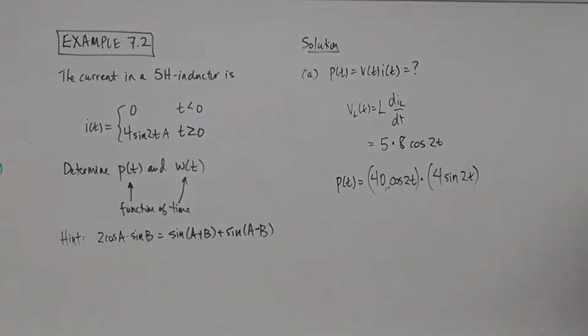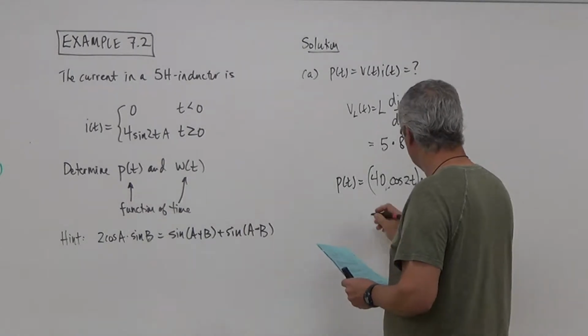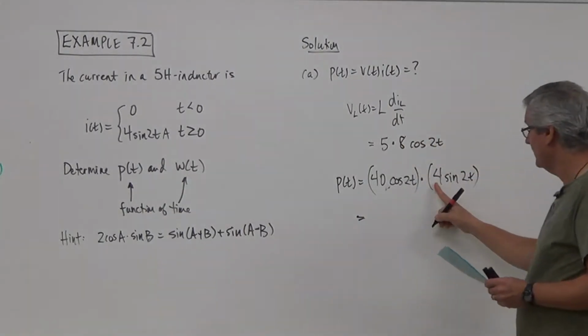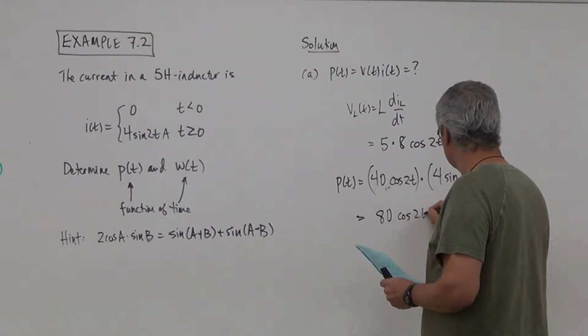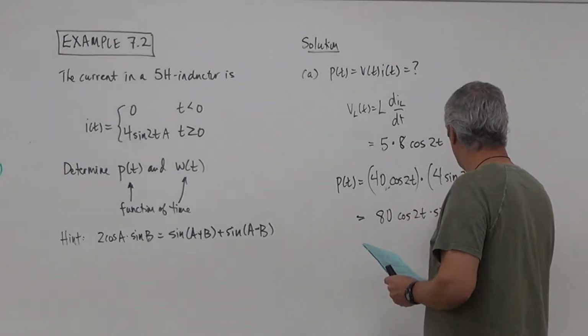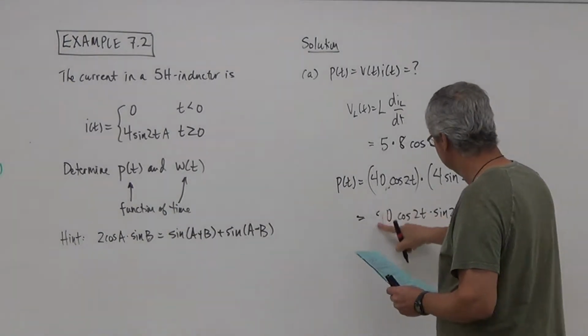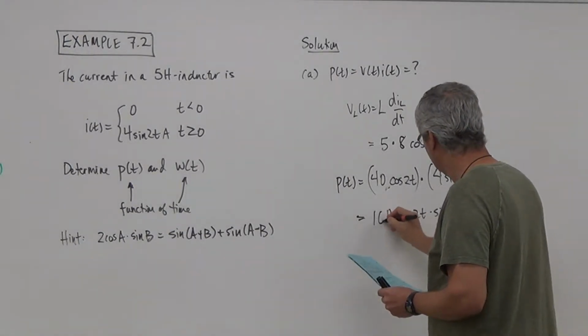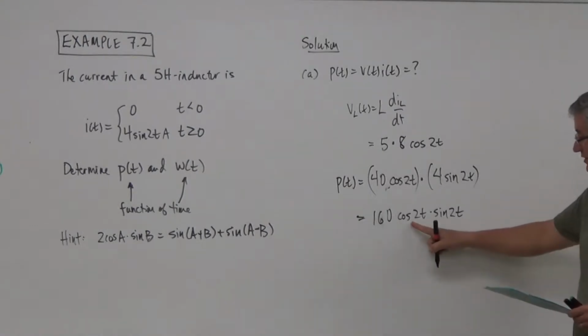So if I multiply this out here, you're going to see that I'm going to get 80, and then I have this trig relationship. So I got 160 here. And then you can see that I have this relationship right here. So check this out.